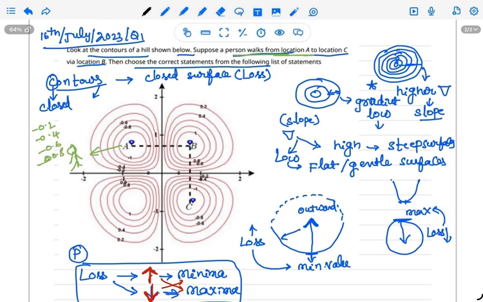So a person moving from A to B in this direction, the contours are very near, with a low distance. If these are very close curves, the slope is high, that is, the gradient is high, meaning steep surfaces.